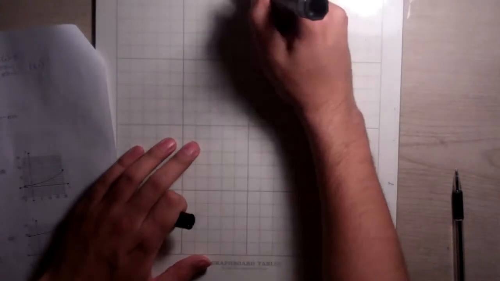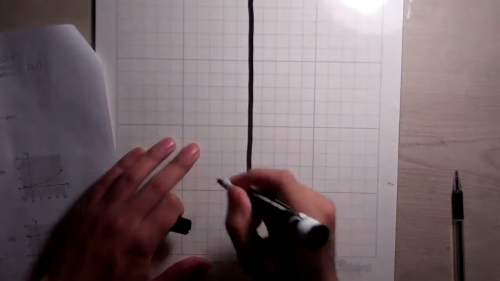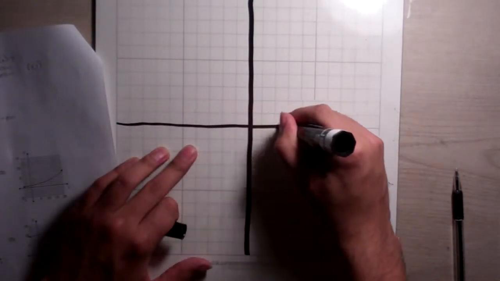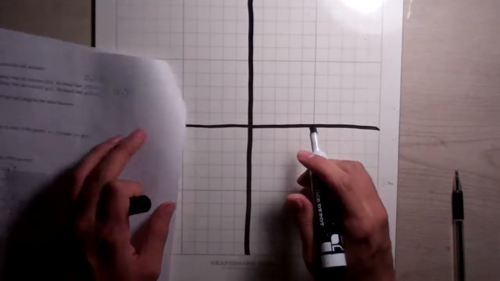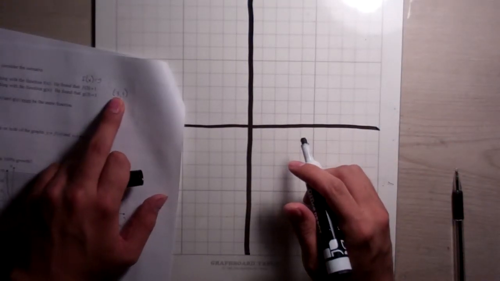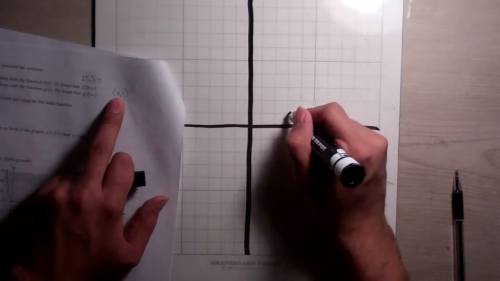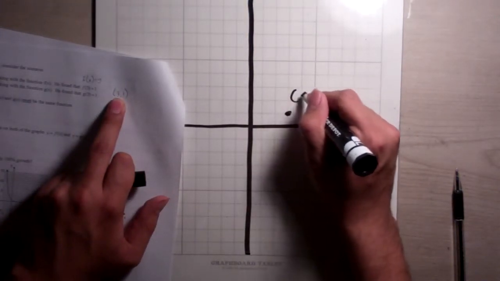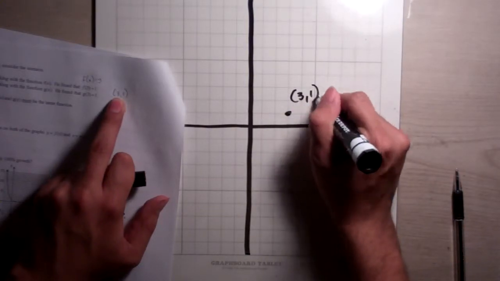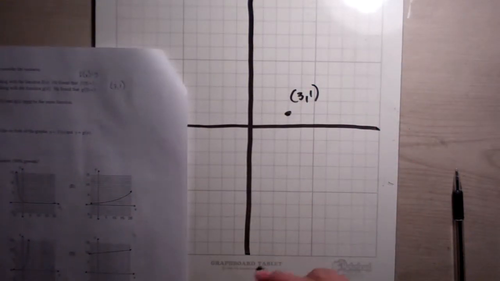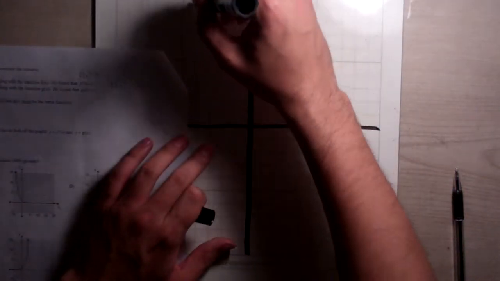Okay, so we have an x and y axis. What this problem is actually saying is that these two lines intersect at the point 3, 1. So that's 3 to the right and 1 up. So this is that coordinate. Okay. Let me say that I'm just going to draw a random line.